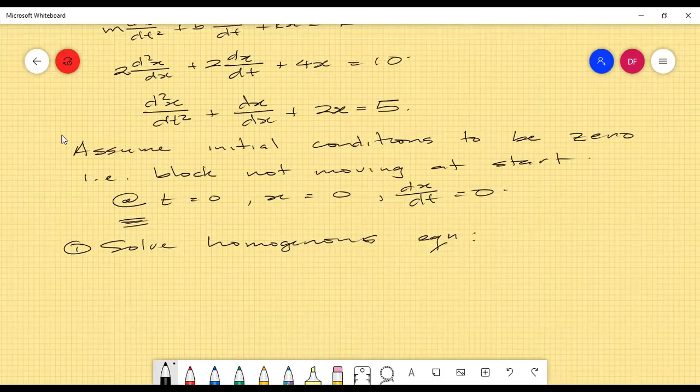So what are we going to write? The auxiliary equation. It's going to be 1k squared plus 1k plus 2.